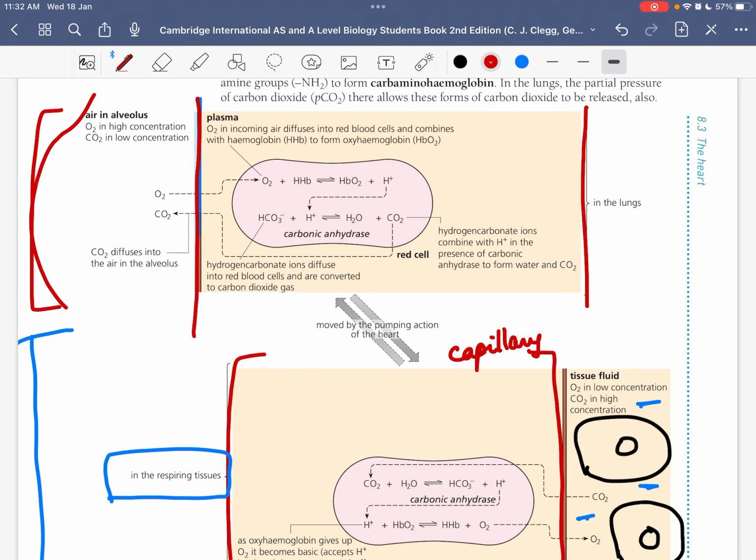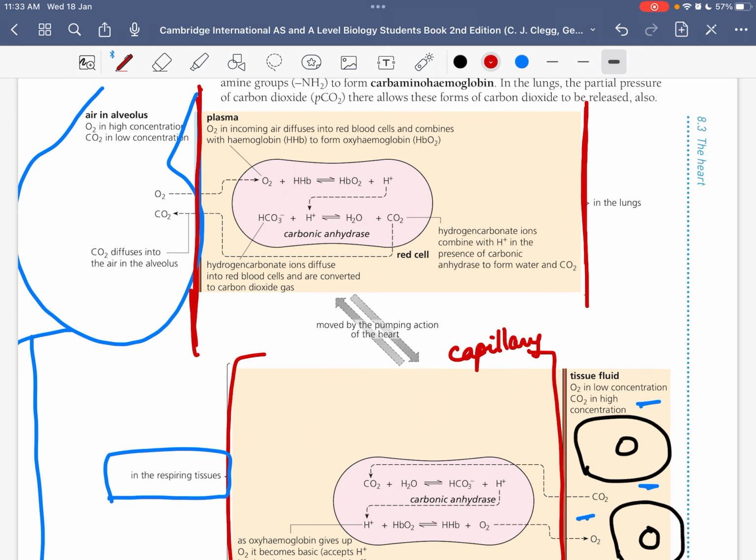Let's suppose that this is your air in the alveolus, and every alveolus is supplied by a blood capillary. Let me draw the alveolus in blue so as to make a difference. So this is your alveolus, and every alveolus is surrounded by these blood capillaries, and one of these blood capillaries has been enlarged to show you what's happening.